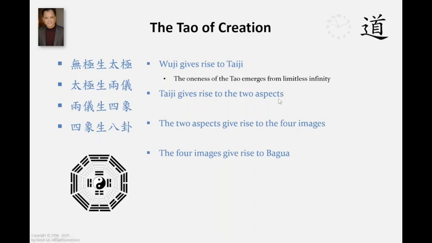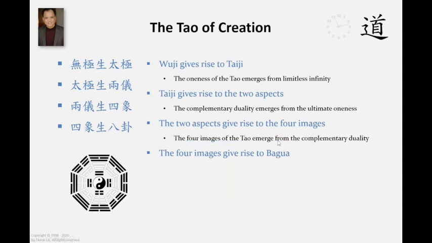Then Taiji gives rise to the 2 aspects. Again, I flip them around. The complementary duality emerges from the ultimate oneness. So the ultimate oneness is Taiji, complementary duality will be the yin and yang symbol. And then the 2 aspects give rise to the 4 images.